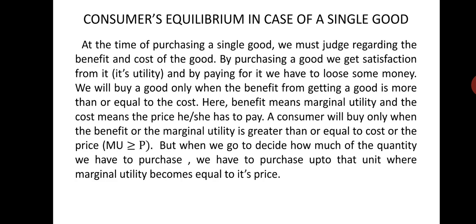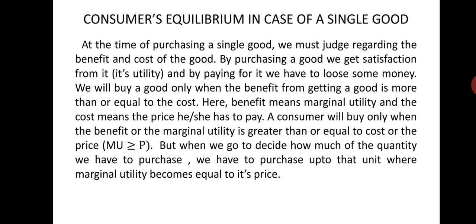So when we decide how much quantity to purchase, we have to purchase up to that unit where marginal utility becomes equal to its price. We will go on purchasing more and more of the good as long as the marginal utility is greater than price.